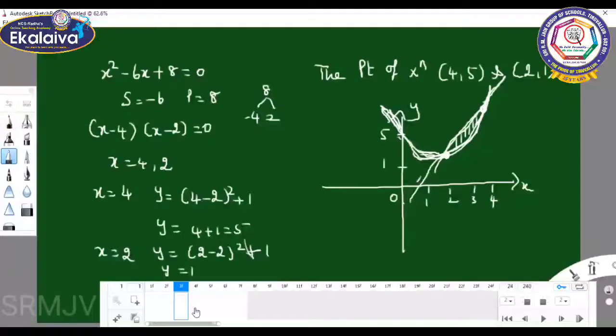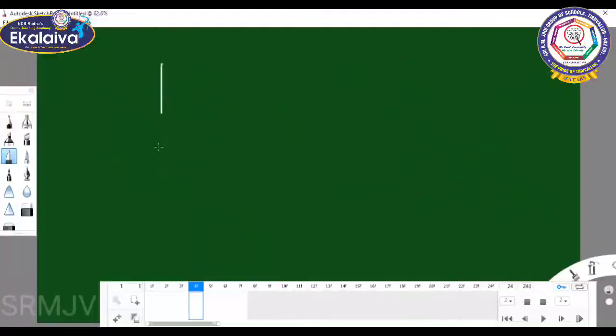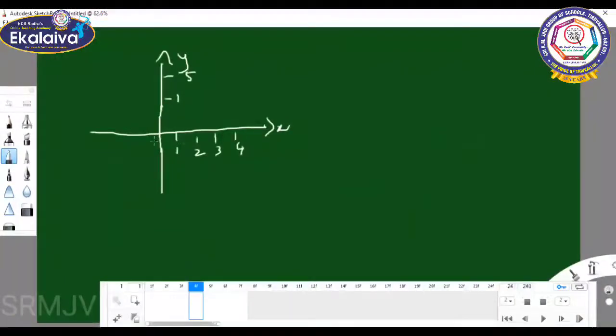See the diagram once again. x-axis, y-axis, 1 5, 1 2 3 4, origin.